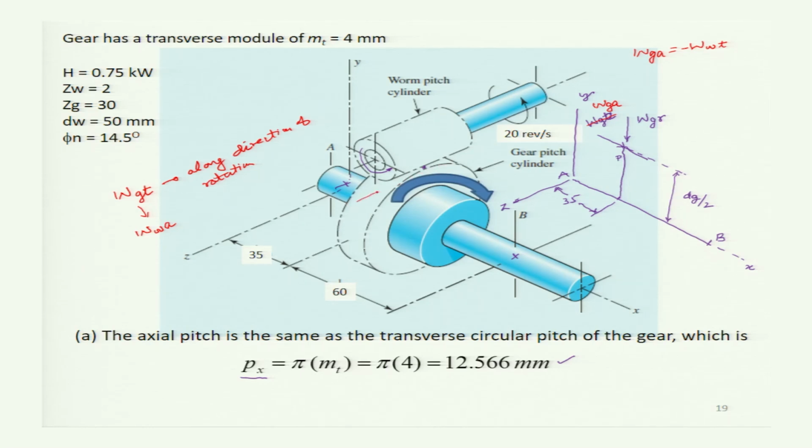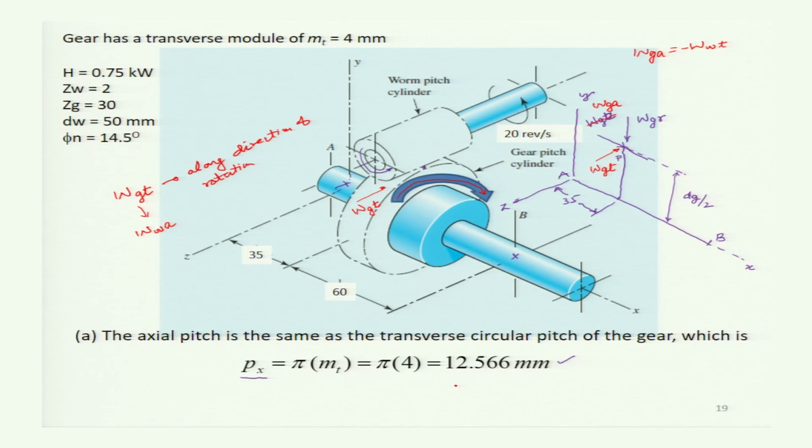And when it is going away from this, the meaning is its rotation will be just like this, shown by this arrow, isn't it? So the direction of rotation of the gear is this one, and in a similar direction will be the tangential load or the transmitted load, W_G transmitted. So W_G transmitted is acting along the z axis but opposite to the direction of z. So this will be the direction of W_GT.